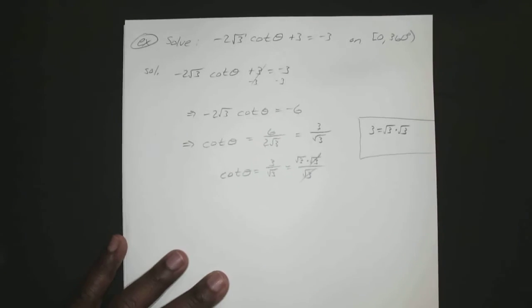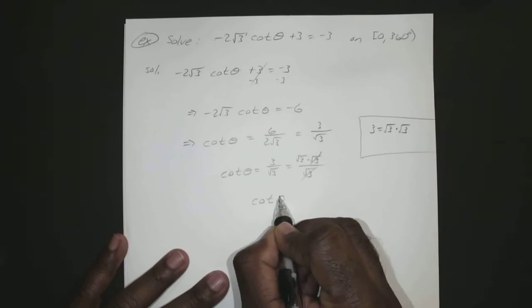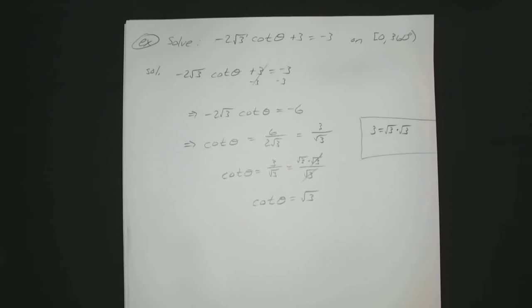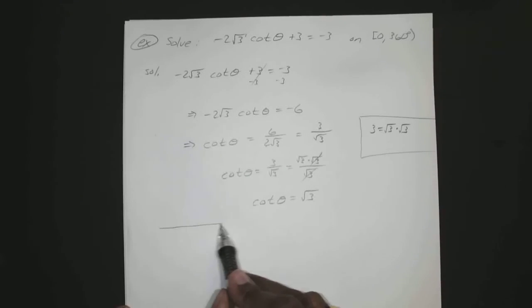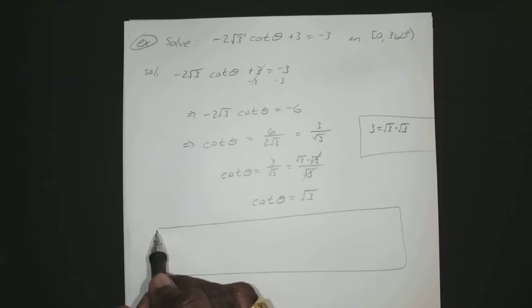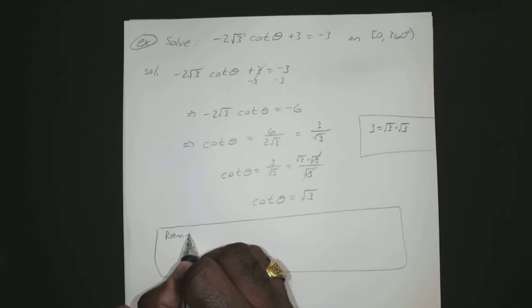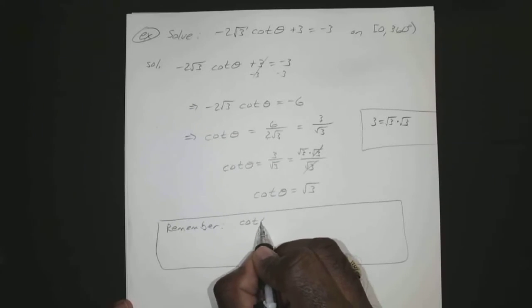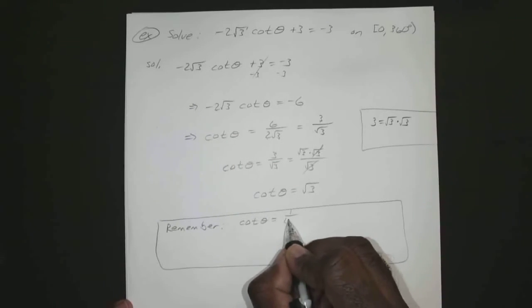Okay, these two cancel out, so your cotangent of theta is equal to square root of 3. Okay, so remember that cotangent of theta is just the reciprocal of tangent of theta.